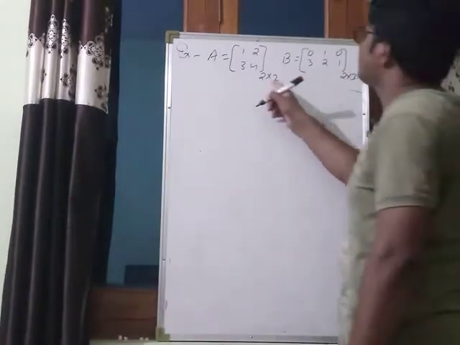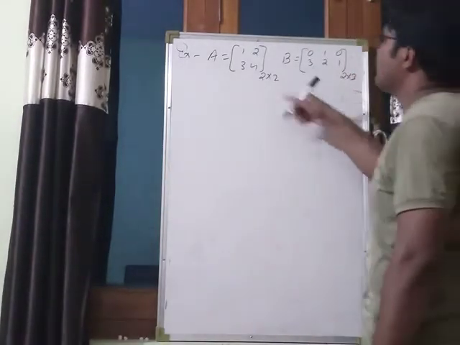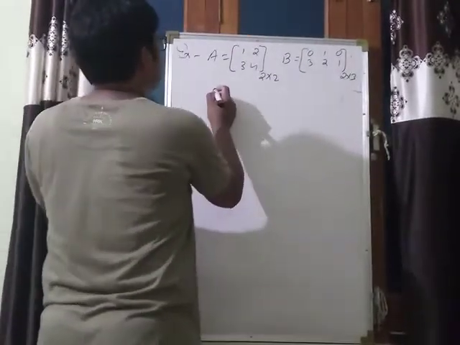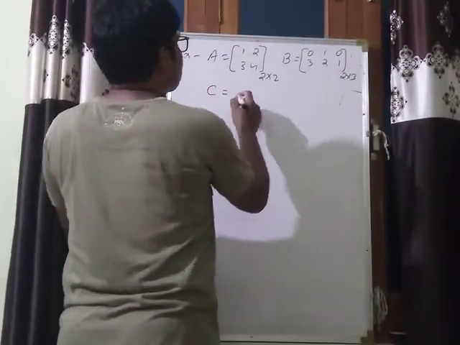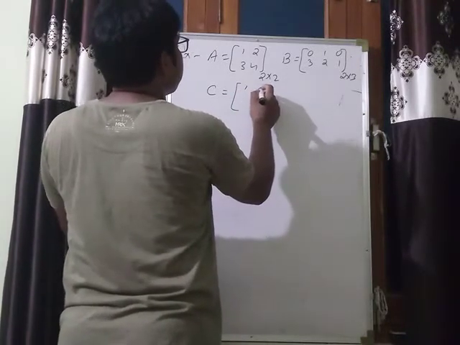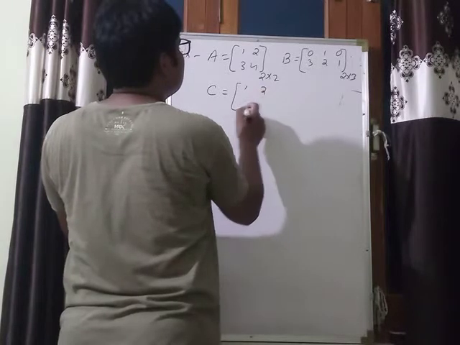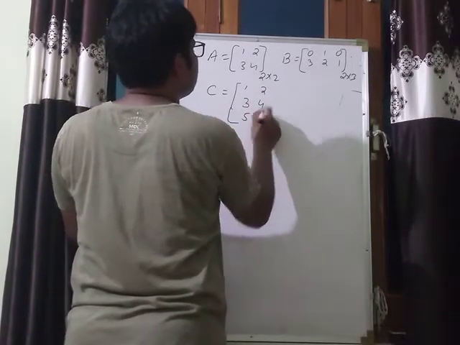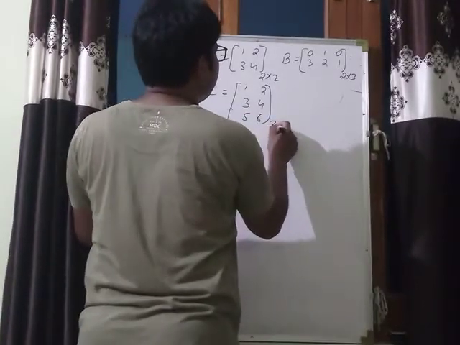Okay. So this is 2 by 2, this is 2 by 3. Clearly AB exists. And C is taken as 3 by something: 1 2 3 4 5 6. That is a 3 by 2 matrix.